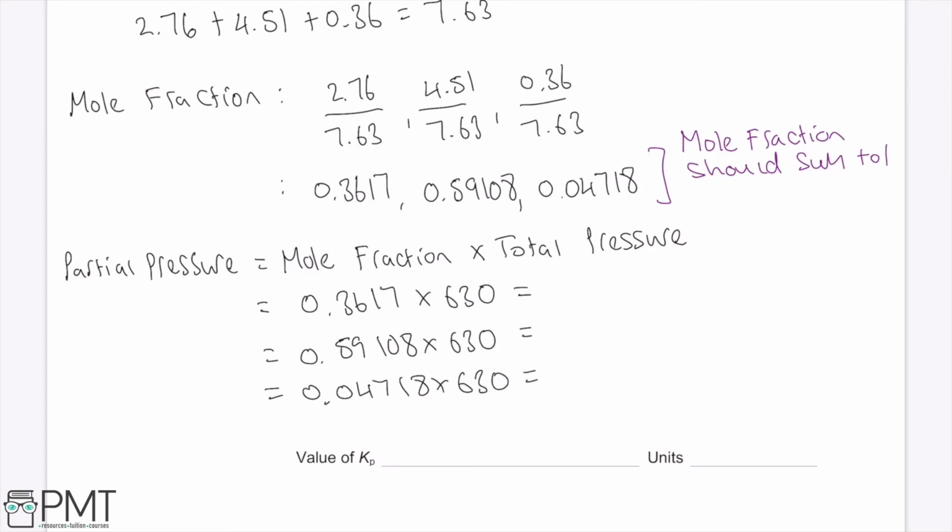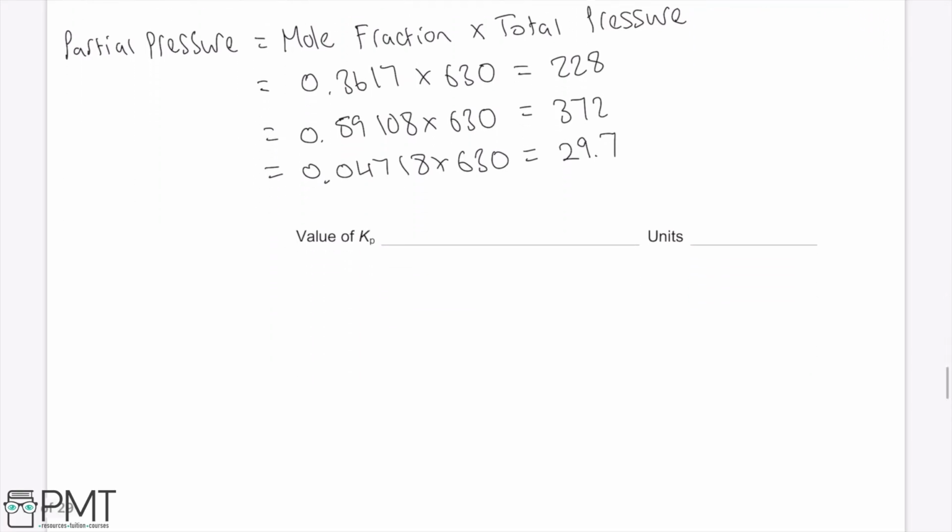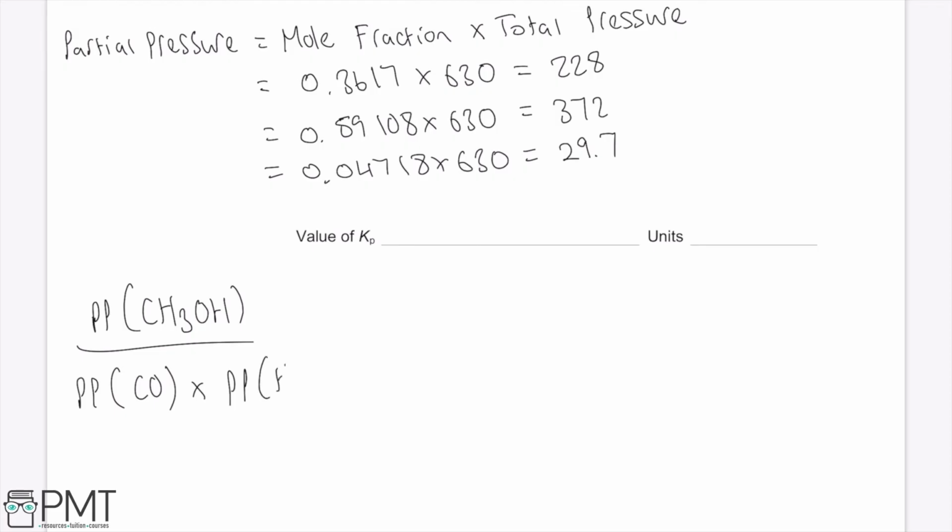Now we have all the information we need, so when we put this into our equation to work out Kp, where the partial pressure of the product is divided by the reactants, not forgetting the molar ratios, we will get the partial pressure of CH3OH divided by the partial pressure of CO multiplied by the partial pressure of H2 squared.